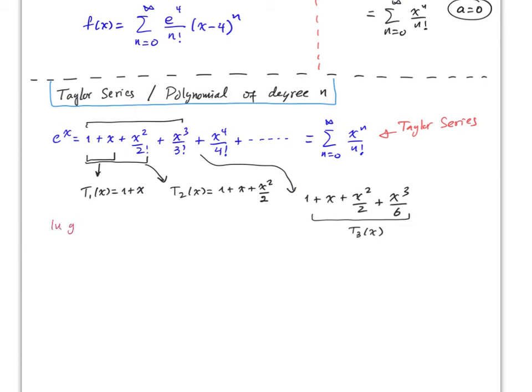So in general, for any function that has a Taylor series representation, f of x will be a Taylor polynomial plus some remainder. And the remainder is going to be whatever is left. Like if you stop here, all of this will be Rn.